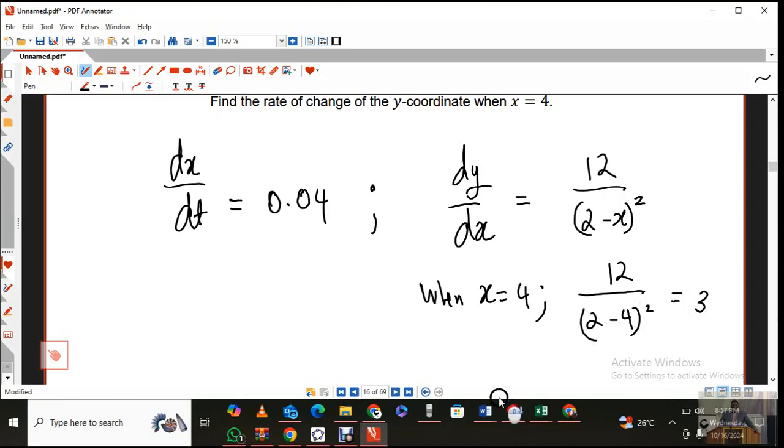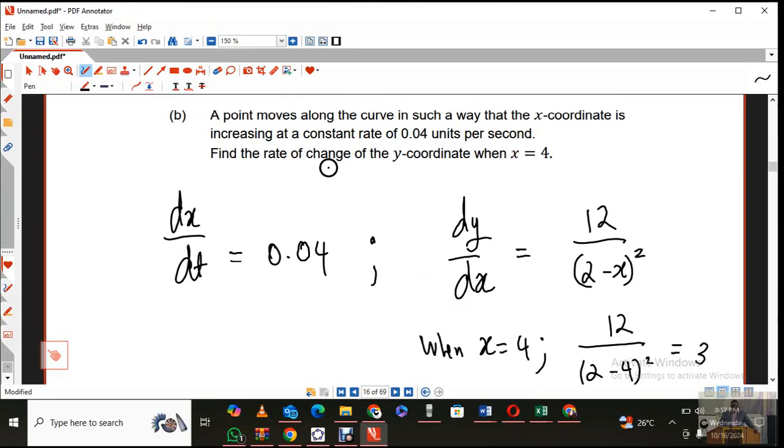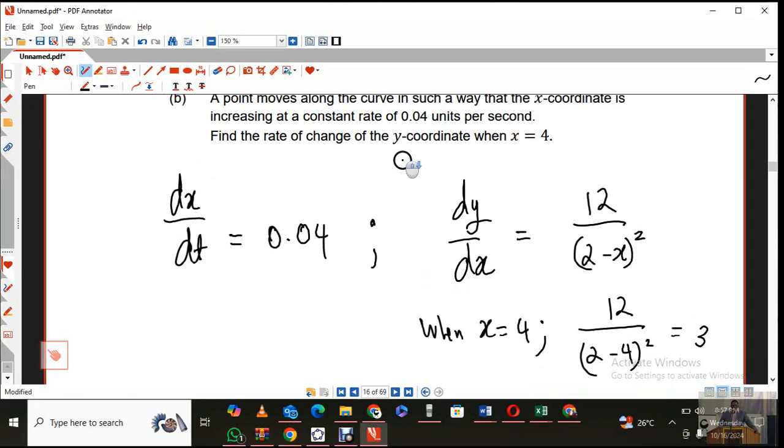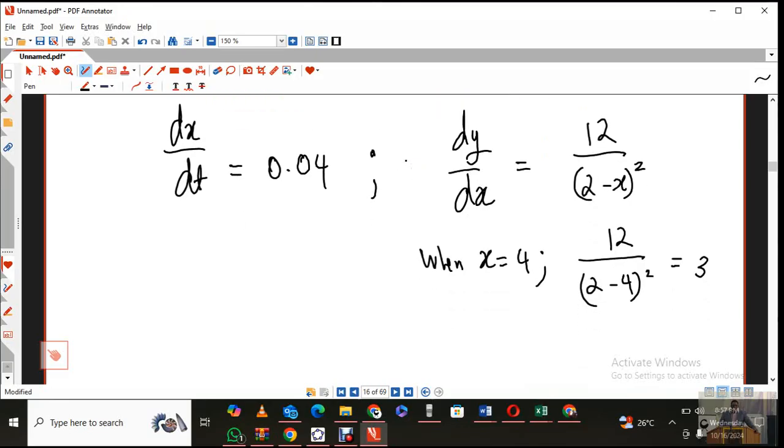We have dx dt, the unit with regard to the time as it moves along. So we are now looking for dy dt because it says find the rate of change of the y coordinate with respect to the time. So we are looking for dy dt.